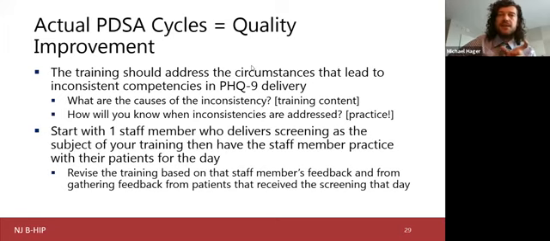Revise the training at the end of that day, based on what that staff member or half the team says, and what some of the patients who are touched by that new process have to say about it. And that's it. You start the cycle again. So you re-up your training with this additional insight, feedback and input.